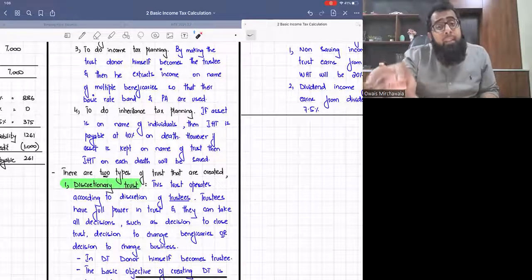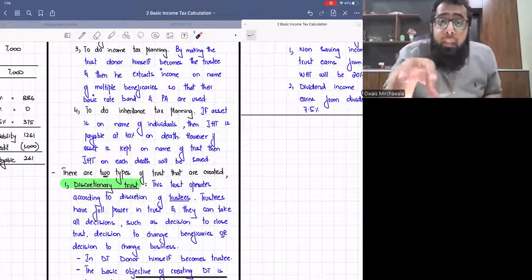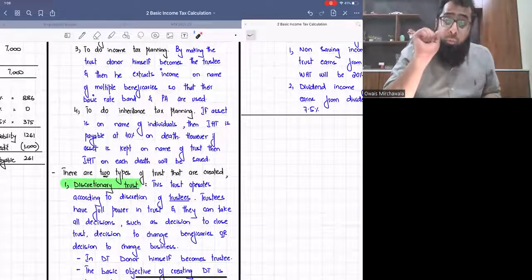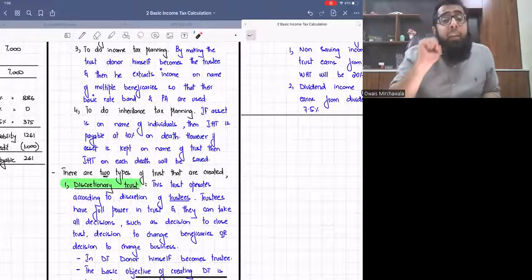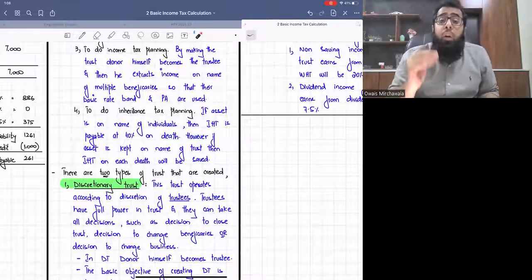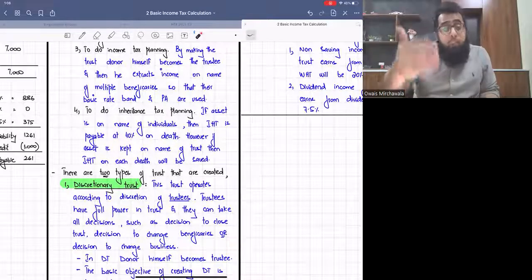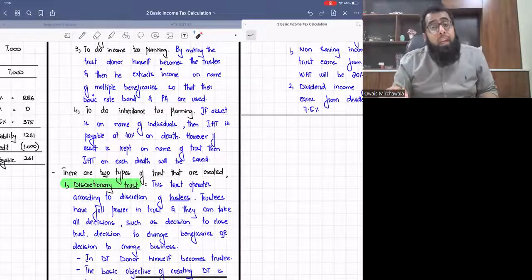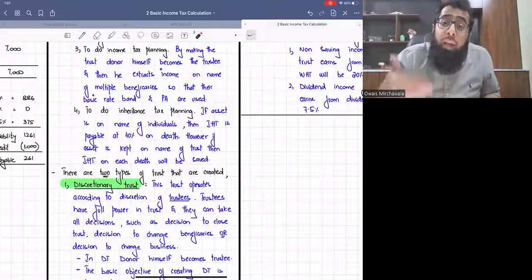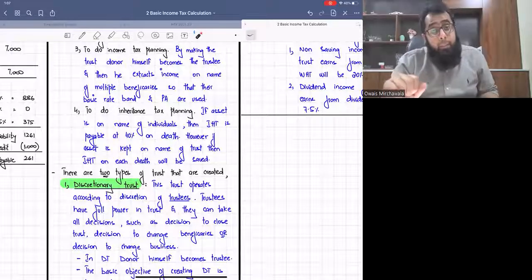Now, while giving assets to a trust, yes, the inheritance tax is payable at that time also. But the major benefit is that on subsequent deaths, when you die or when subsequent people in your family die, there will be no IHT payable on every death.